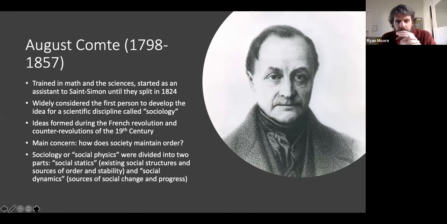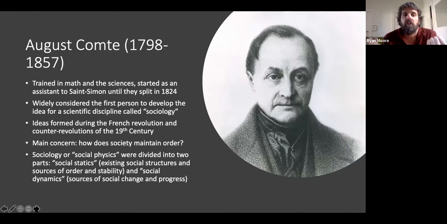He starts as an assistant to Saint-Simon. They have an acrimonious split in 1824, and he moves on from there to develop this idea for a scientific discipline called sociology.